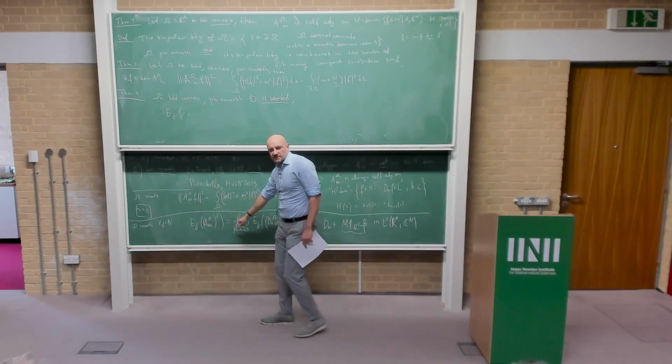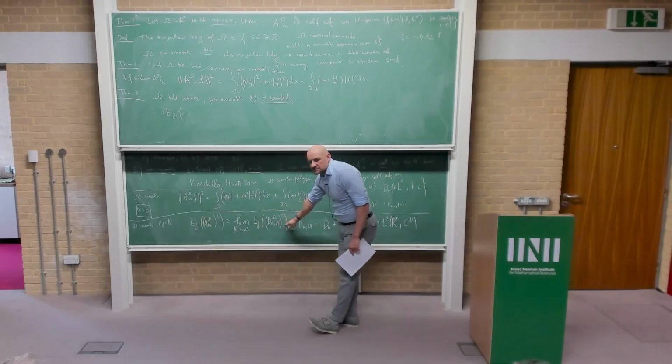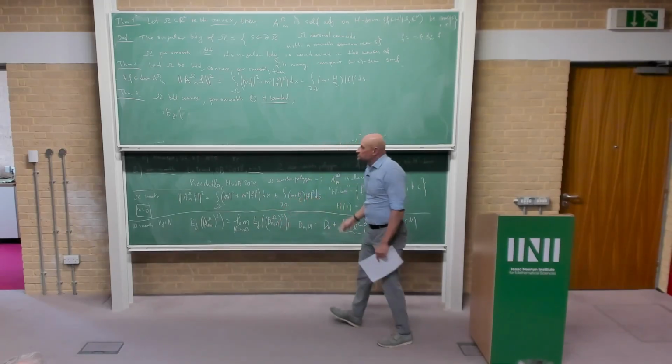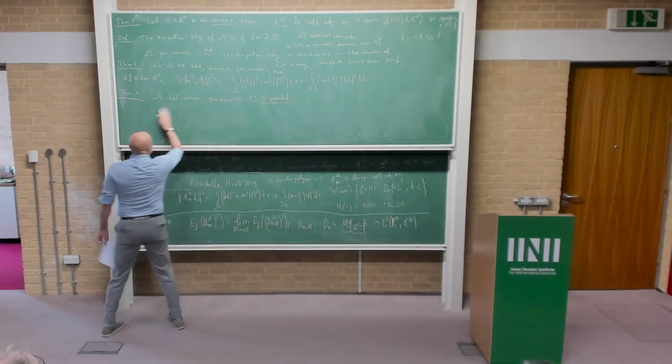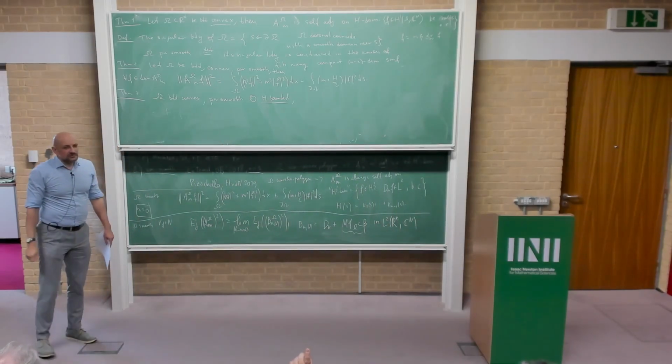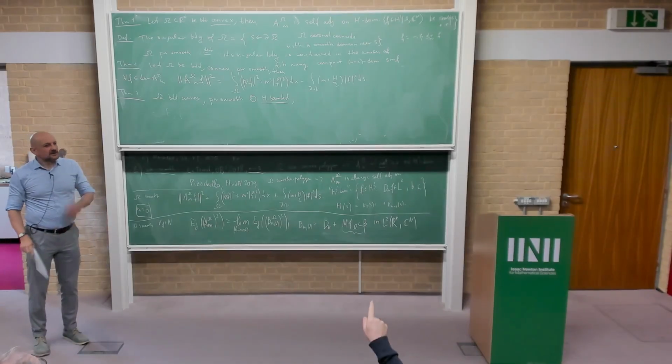I will not copy it. So one can actually show this result also for this class of non-smooth domains. I do not actually like this assumption, but somehow I didn't manage to get rid of it.